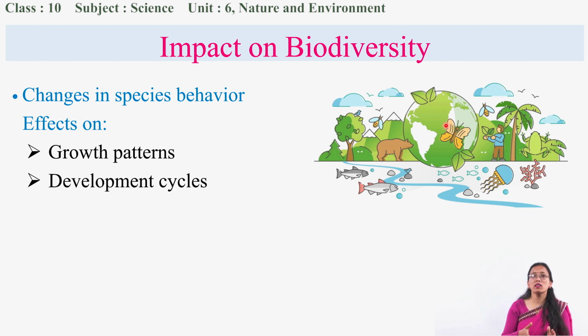The life cycle of different organisms is different. For example, in the rainy season we see one kind of organism, and during the winter season we see another kind. Even our cultivation of crops depends on the weather.